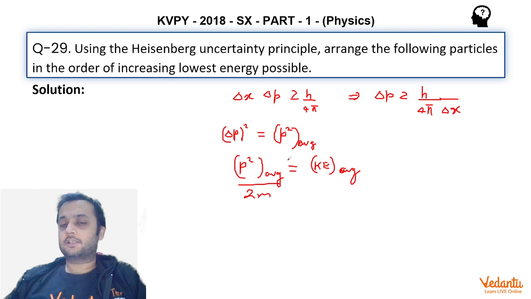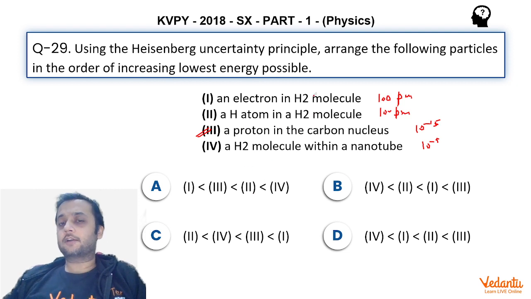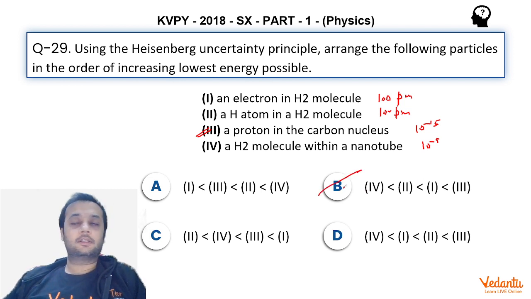Going back to the relation, the particle with lower mass will have higher energy. So the electron will have higher energy and the hydrogen atom will have lower energy. The correct order will be 3, then 1, then 2, and then 4. So option B, 3, 1, 2, 4, is the correct answer for this question.